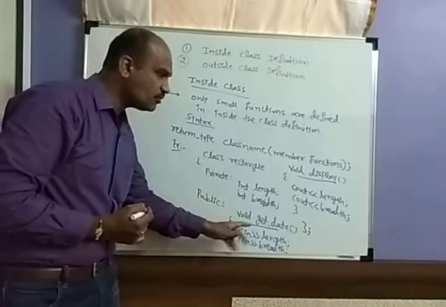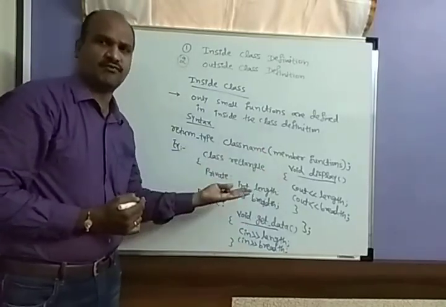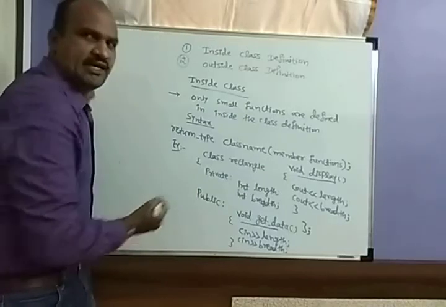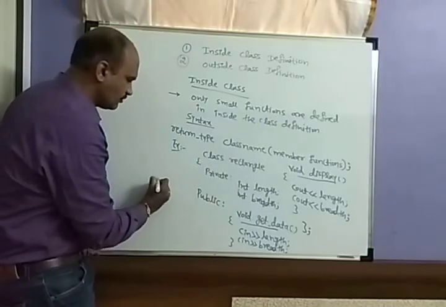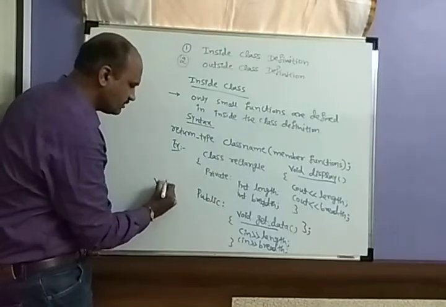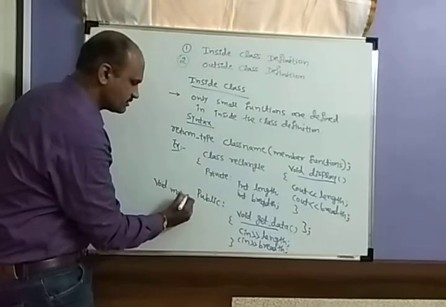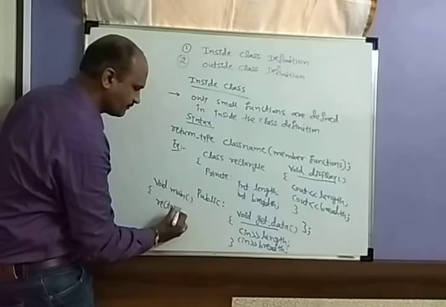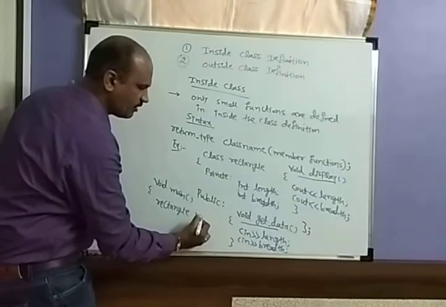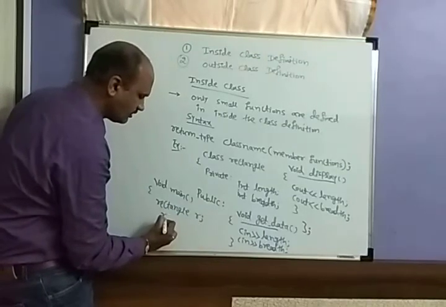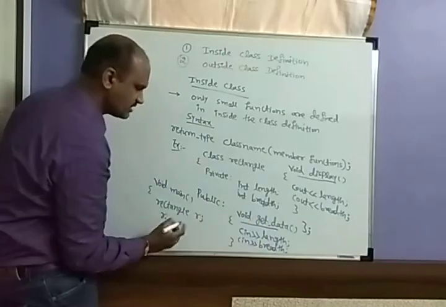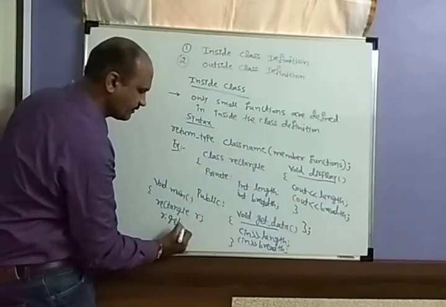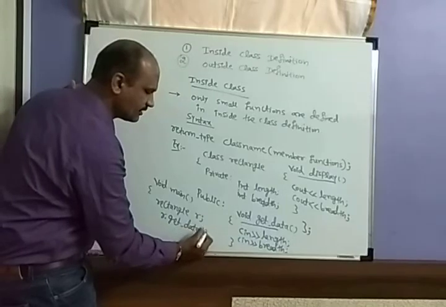Okay, so afterwards you can write the main function. When you want to access, you write void main for this simple example. What is the class name? Rectangle. So we will create an object R. R dot get data, as I told you, is one function you can access.